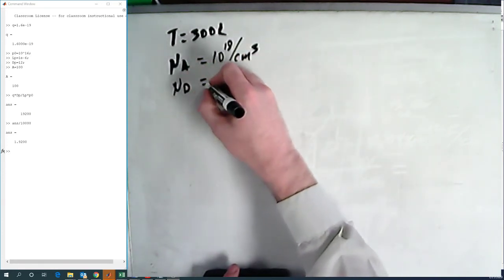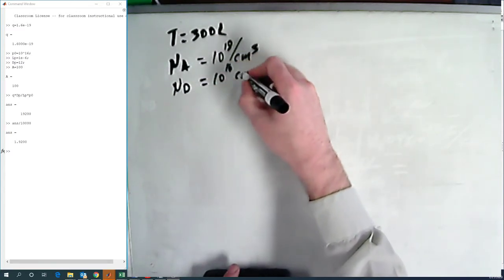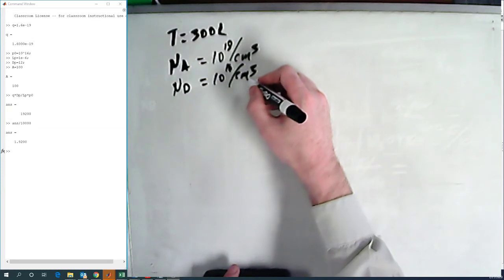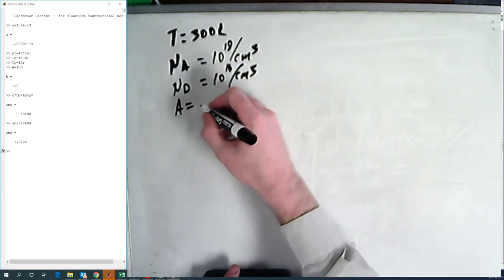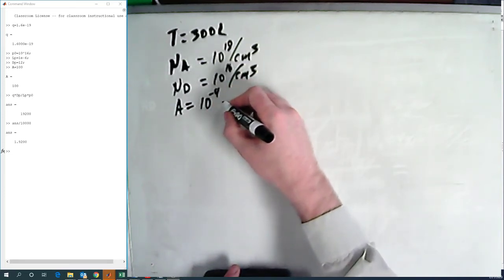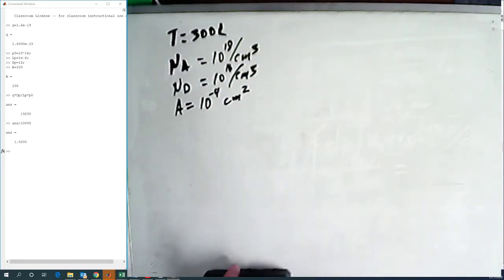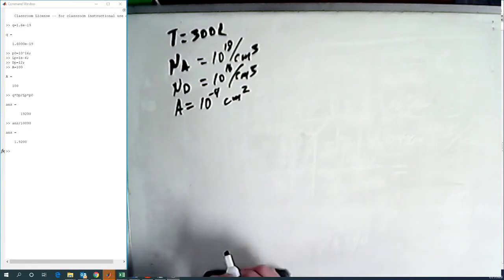We have an ND side that's equal to 10^16 per centimeter cubed. We have cross-sectional area equal to, and they were nice to us, 10^-4 centimeters squared. They could have very well given this in square microns, in square anything. So they were nice to us.